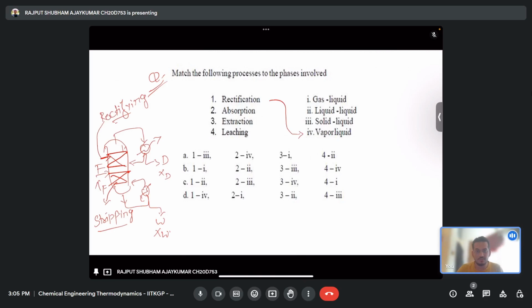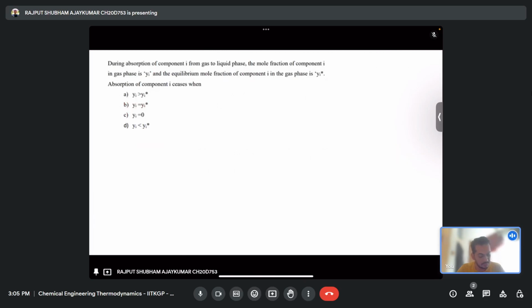Similarly, absorption is related to gas and liquid. If you take an absorption tower, there will be two different modes, either countercurrent or co-current. Say gases are flowing in this direction.